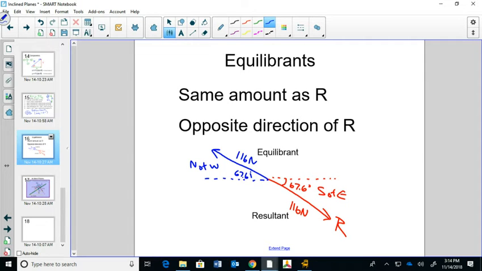The equilibrant is the same amount, 116, same angle, 67.6, but it's now north of west. Are you with me? So equilibrant: same amount, opposite direction. It's the one single force that cancels the resultant.